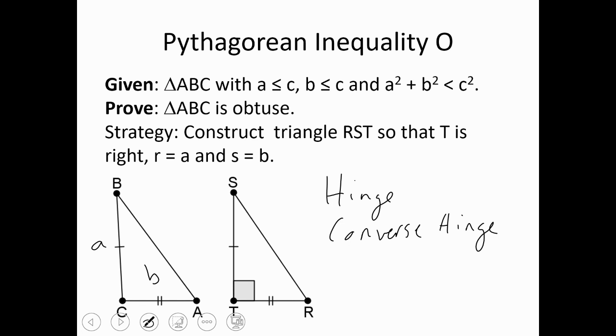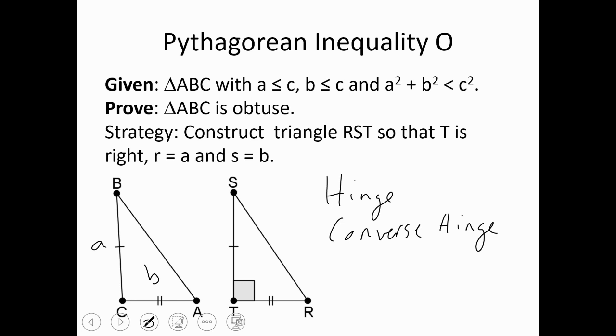But I'll remind you, the hinge theorem says this. Let us say that we have two triangles, with two sides of one equal to two sides of the other, and the included angle in one greater than the included angle in the other. It follows, by hinge, that the triangle with the greater included angle has the greater third side.